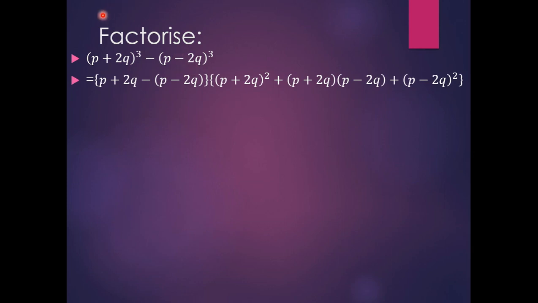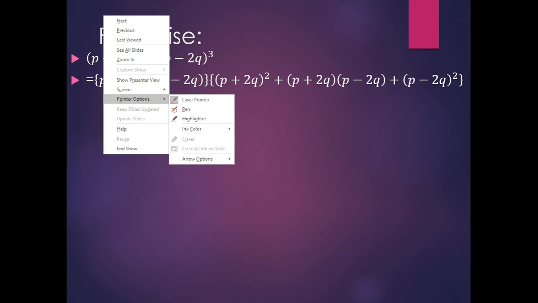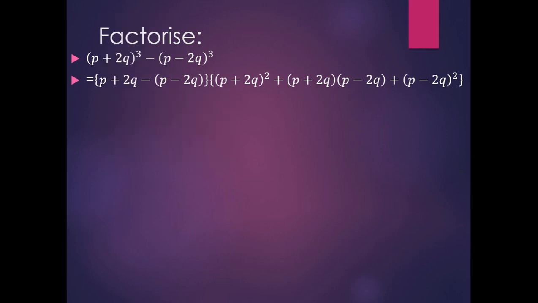I have already written the a cube minus b cube formula, so to remind, I will mention it once again. a cube minus b cube formula is a minus b times a square plus ab plus b square. Okay, so we can use this formula for a cube minus b cube.